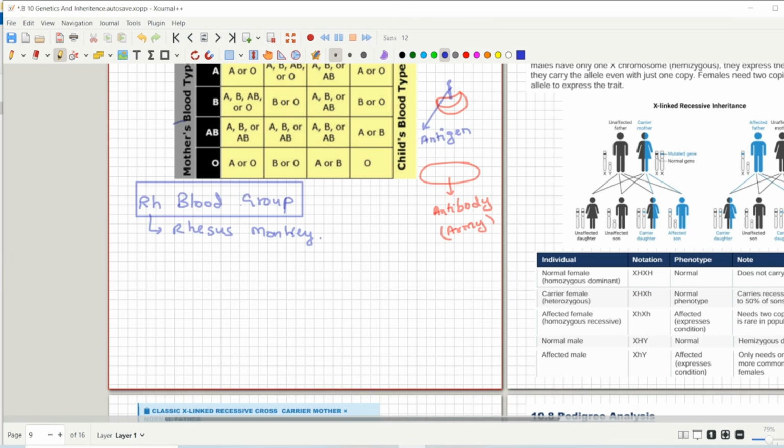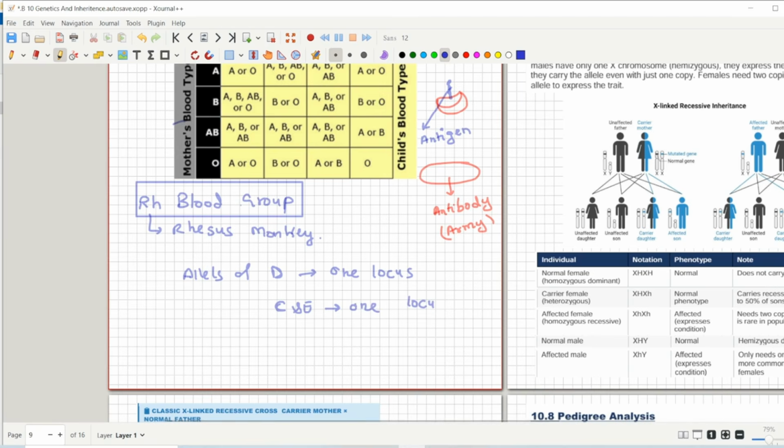So what is RH blood group system? There are 3 types of alleles, 3 types of genes, that are really important in deciding the RH blood group system. The 3 genes are C, D and E. The alleles of gene D are present on one locus, and the other 2 genes, gene C and gene E, are both present on another locus.